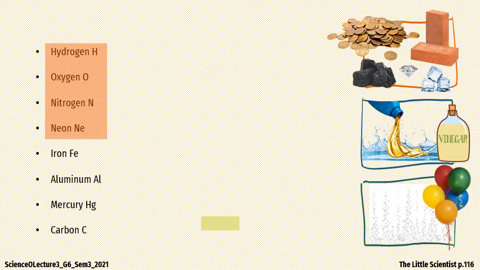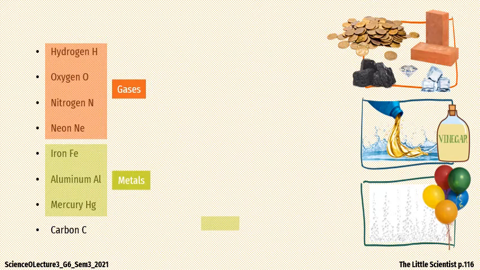Hydrogen, oxygen, nitrogen, and neon are all gases. Iron, aluminum, and mercury are examples of metals. Metals share common characteristics.